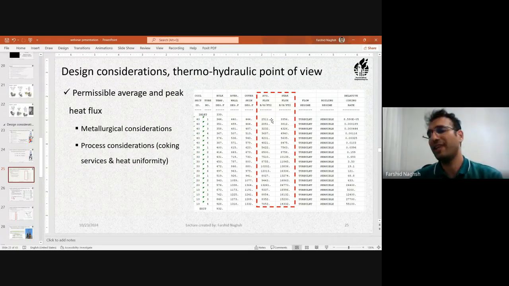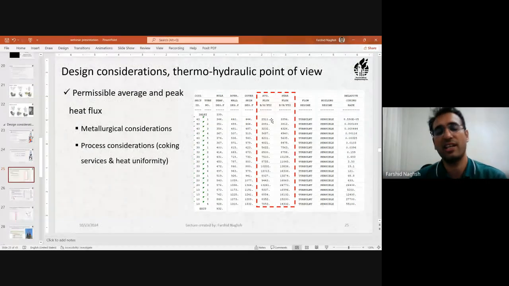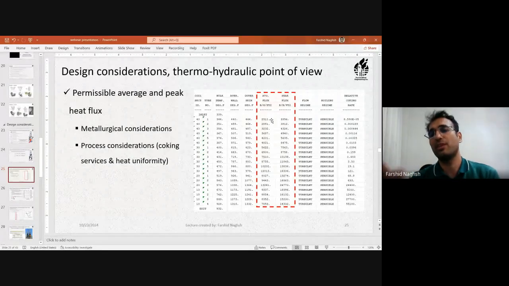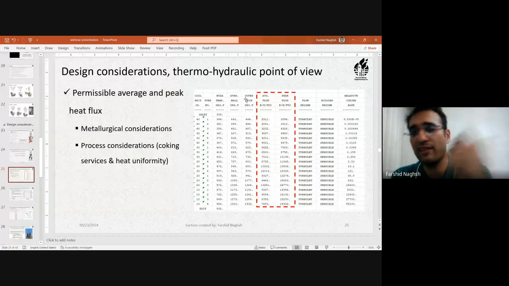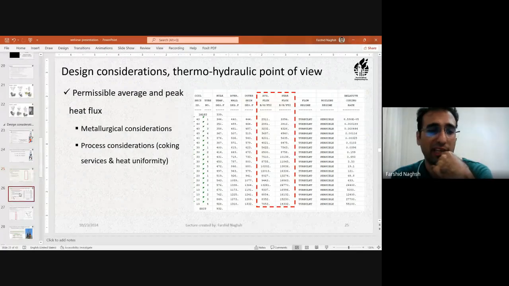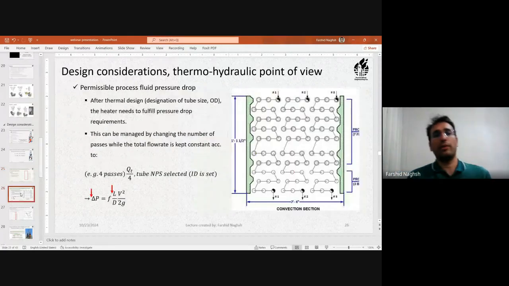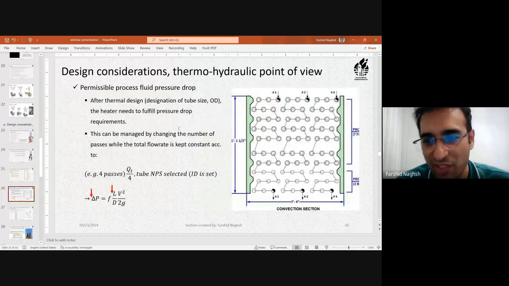For different geometries, you can check client specifications for the permissible peak flux and average flux. You can find this flux in thermal reports of the heater design software. This is the report from FRNC software. HDRI software also has the same report available. Okay, let's go to the next part, which is the convection section.